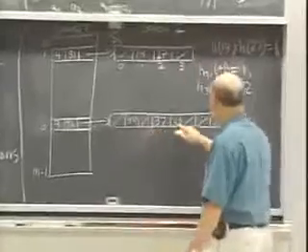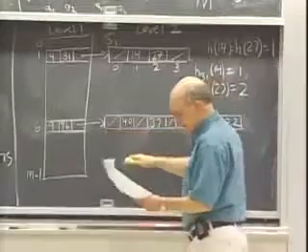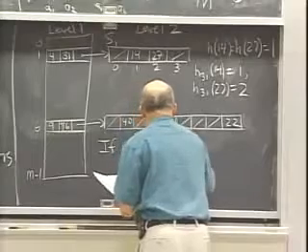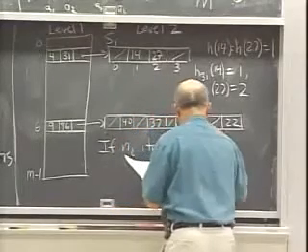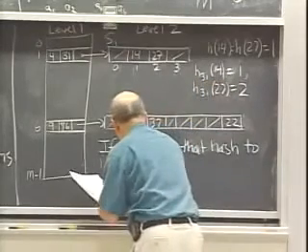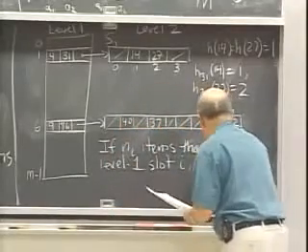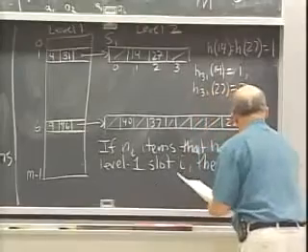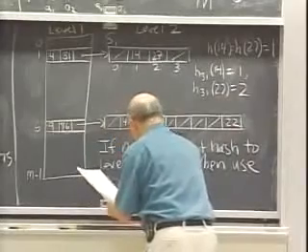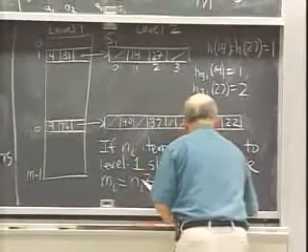The reason we're going to have no collisions at this level, okay, is the following. If there are n sub i items that hash to a level 1 slot i, then we're going to use m sub i, which is equal to n sub i squared slots in the level 2 hash table.